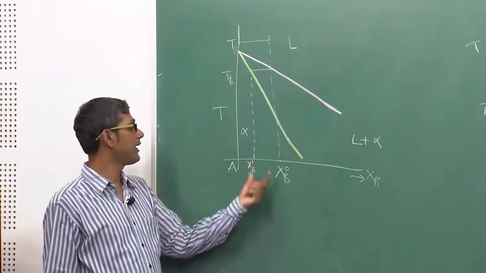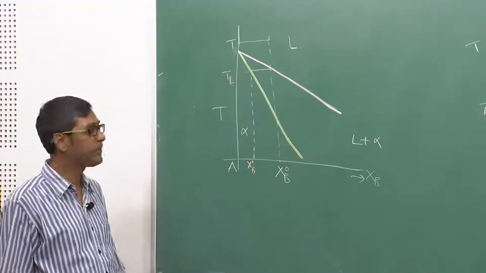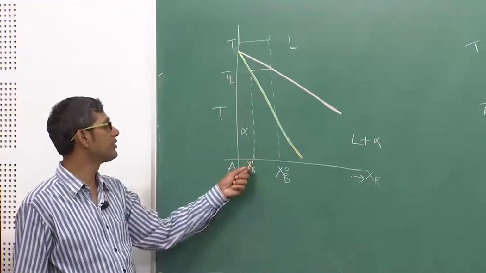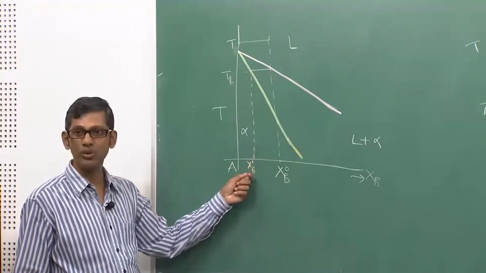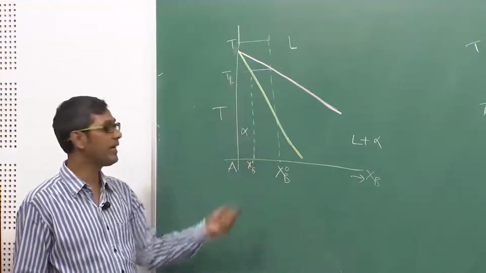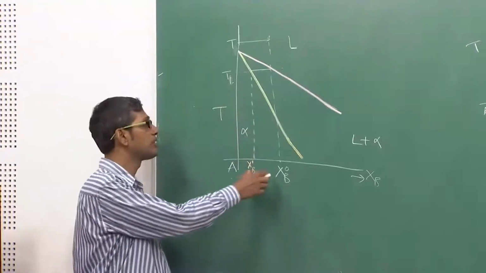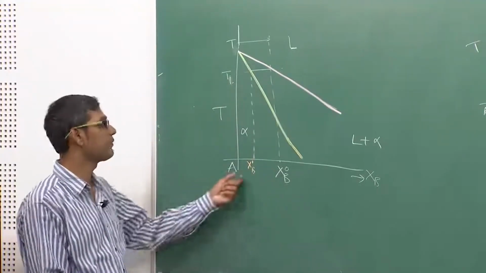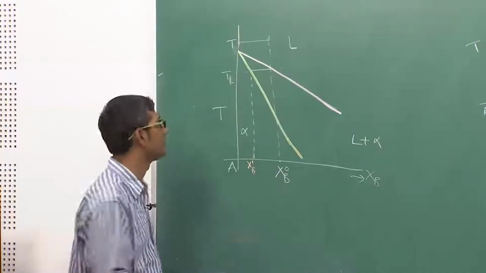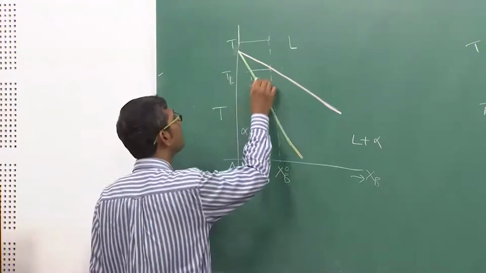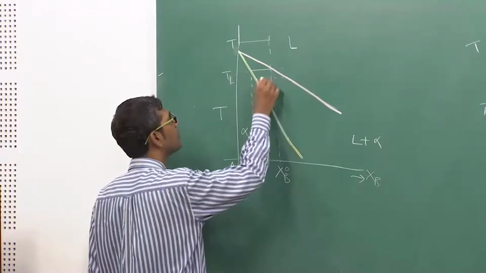So there is a compositional difference. That means the solid forms because its composition is lower, so whatever remnant solute was present in the liquid will be rejected into the liquid. Things will be much clearer if I drop the temperature a little more.